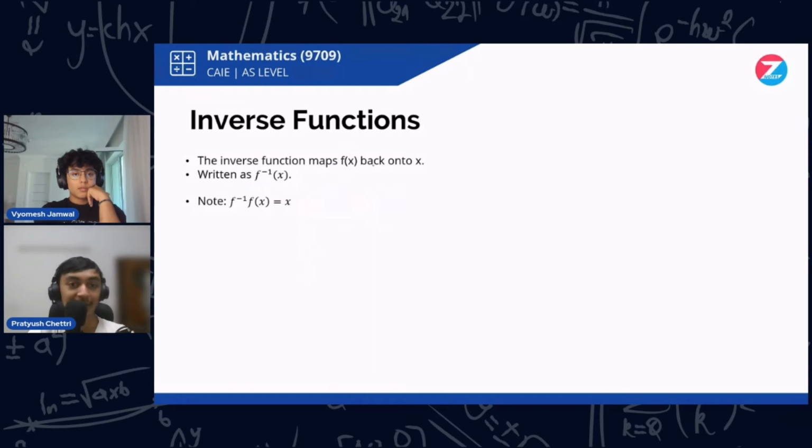What it means is, let's say you have f of x, which takes x as input to an output. What operation are you going to do to get it back? That's f minus 1 of x.